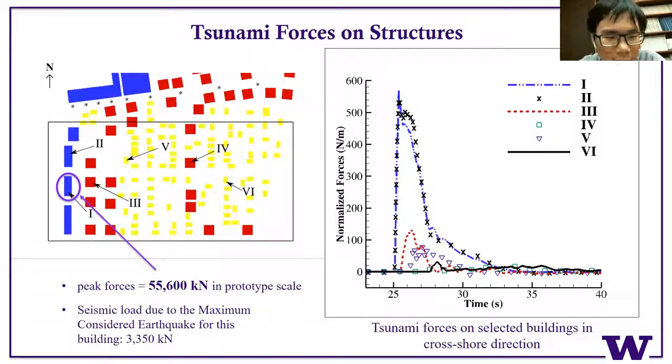If, say, building number 1 and building number 2 are destroyed by the tsunami, and are carried by the wave and hit the red buildings behind them, that's going to cause a huge impact on the red buildings after the two blue buildings. You can expect that, right? Unfortunately, currently we are not able to model this scenario.